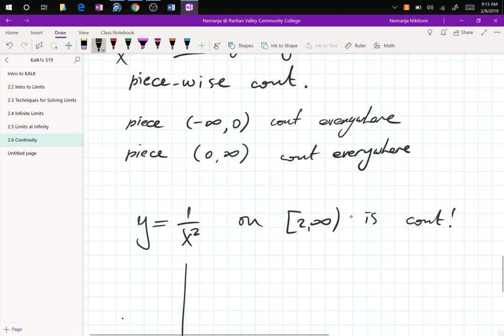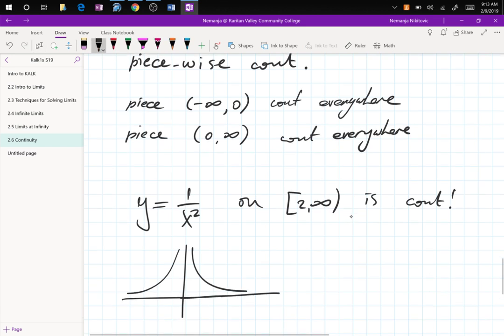Because you draw the graph and you are only considering from 2 to infinity. You're only considering this part of the graph. That piece is continuous. The overall function is discontinuous. Ta-da! Done.